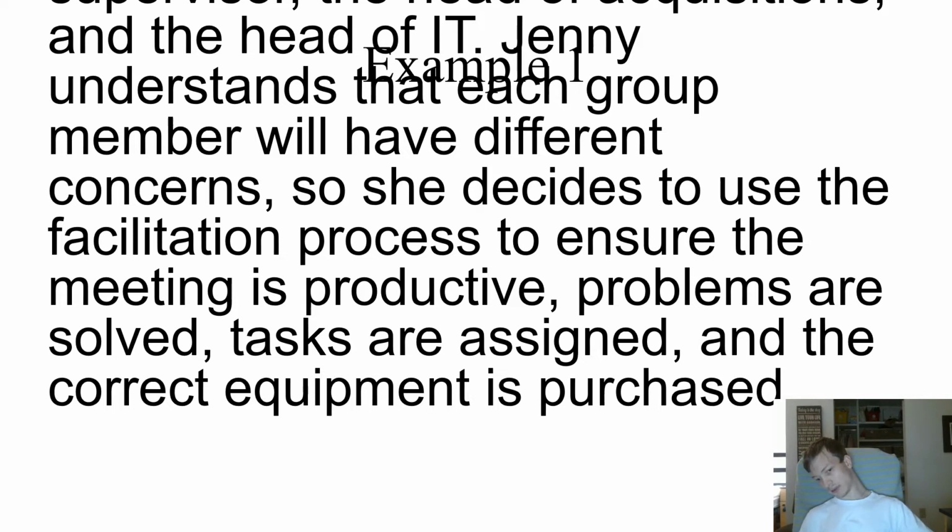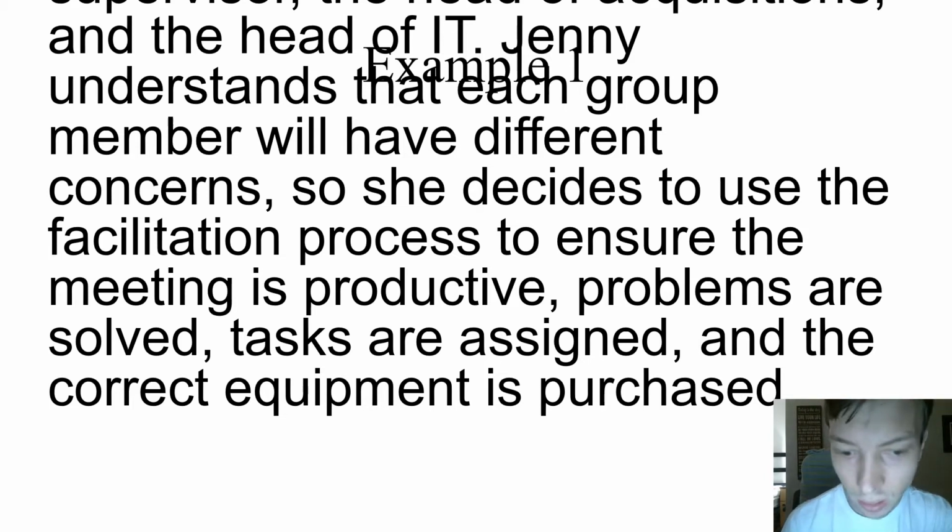And keep in mind that the overall purpose of the meeting is to ensure that the correct computers are purchased. Okay, so that should give you a basic idea on when and why this process of facilitation would be used.